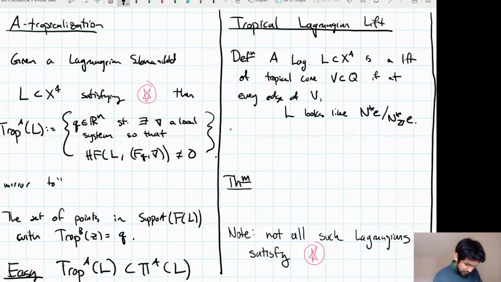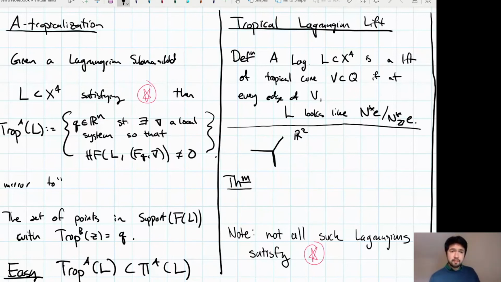Okay, so the picture to have in mind is I start with some tropical curve in the base, and then when I want to lift it to a Lagrangian inside of C star squared, I require that over the edges, I do the conormal lifting construction.